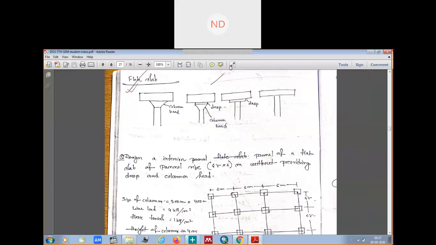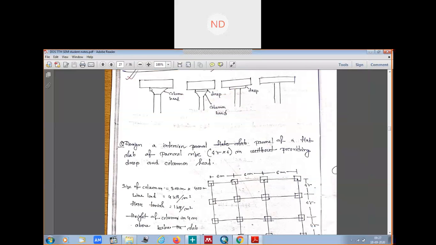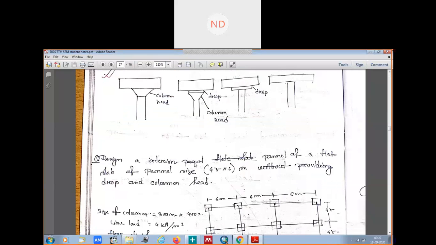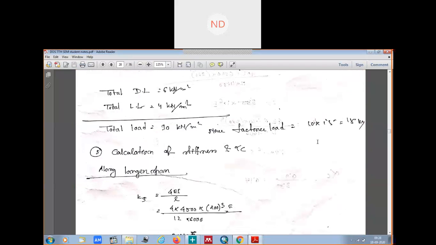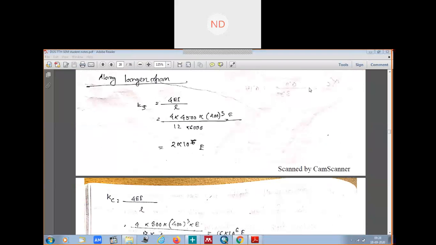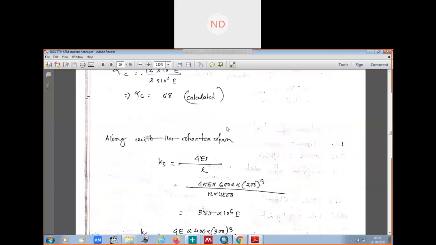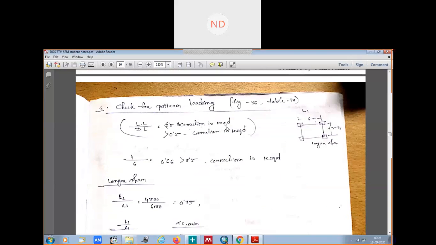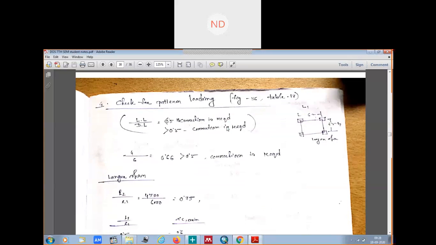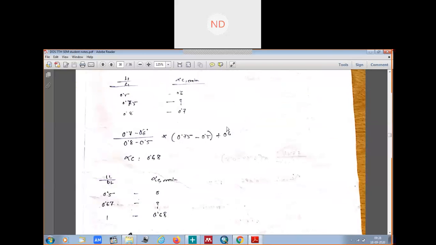We were in this problem. Till where we have completed: stiffness, step number 4, that means completed.